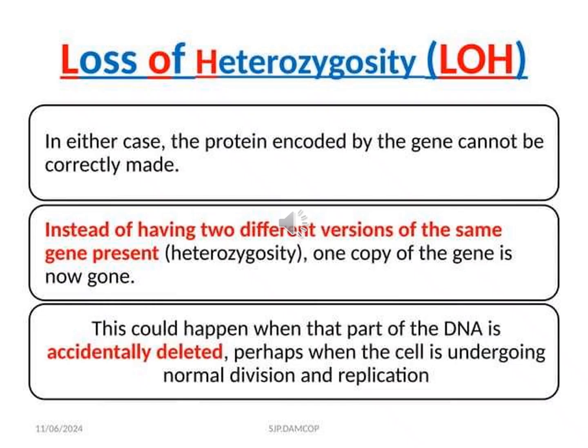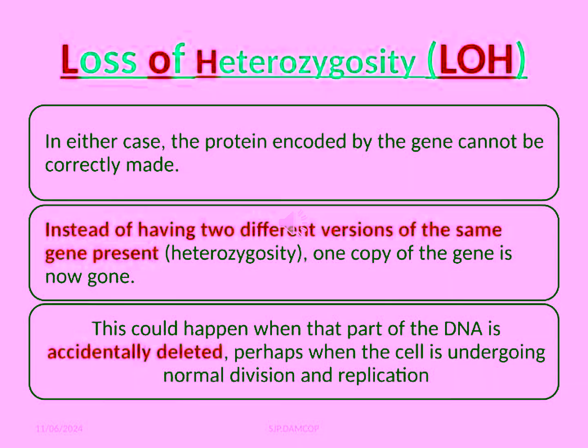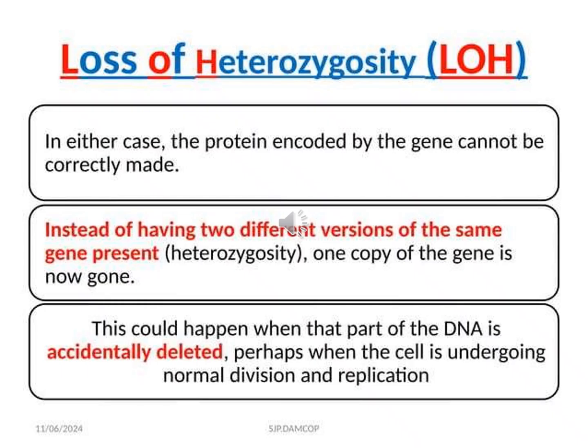About the clinical relevance, this loss of heterozygosity is strongly associated with tumor suppressor genes. LOH, as loss of heterozygosity, means the loss of the normal allele of the heterozygous cell, which can lead to complete inactivation of the tumor suppressor gene and contribute to cancer progression.